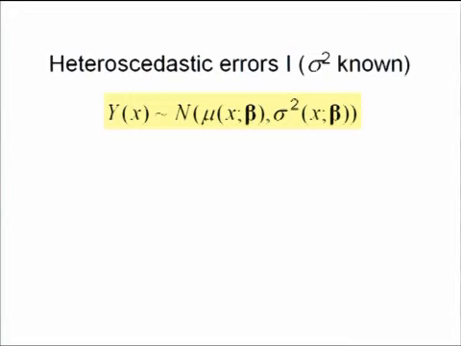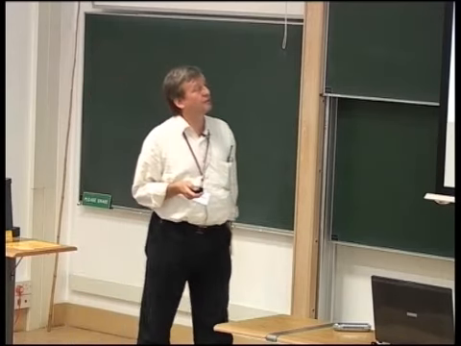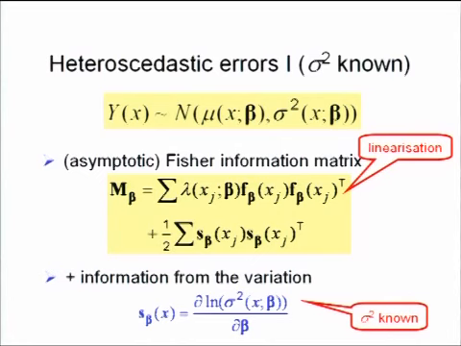So now heteroscedastic error, and some curiosity occurs: we can now get additional information if we know the function of the variability and if this depends on the same set of parameters. In this case, the Fisher information matrix is increased by a positive term which includes, in this simple case, the information from the variation.